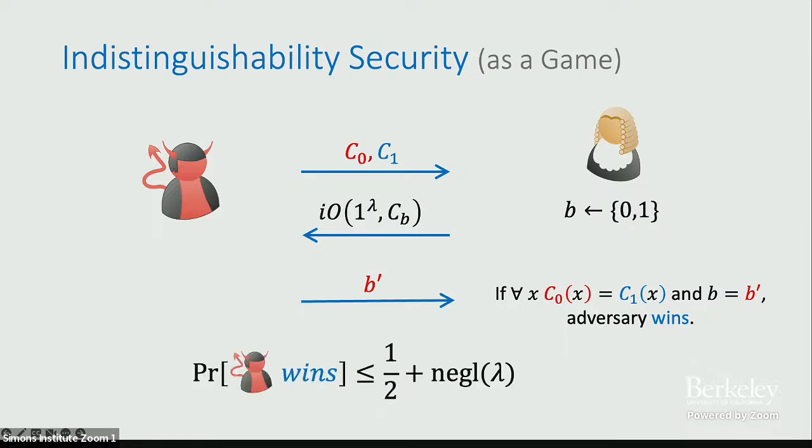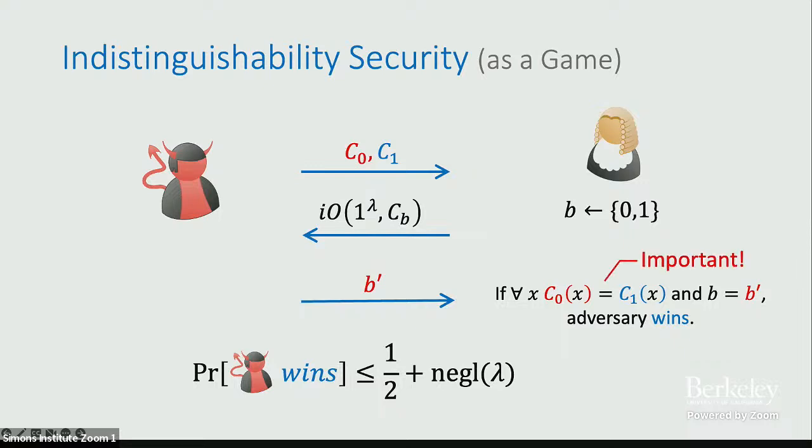The security of iO requires that the probability for any adversary to win the game is bounded by half plus some negligible function. Intuitively, if the adversary randomly guesses the bit b prime, then it will win this game with probability no more than half. So this security requires that for any adversary, its ability to distinguish the obfuscated programs of C0 and C1 cannot be much better than random guessing.